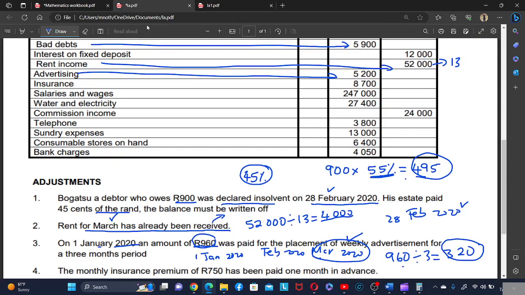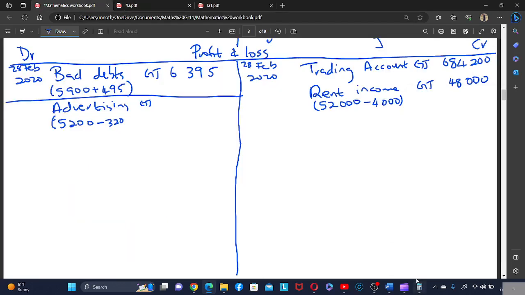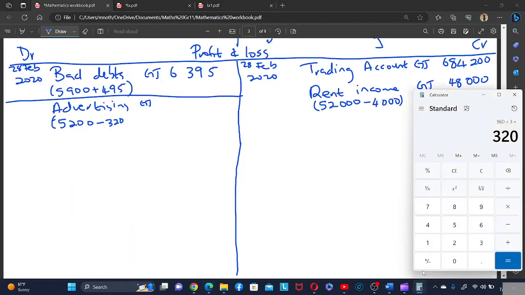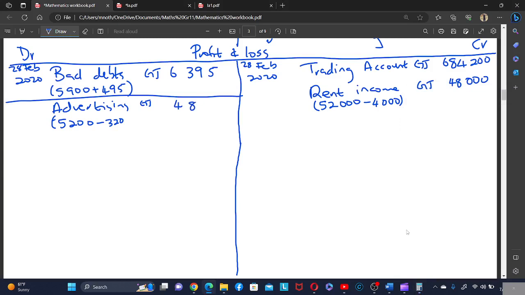Remember, this 320 is for January, and also 320 for February, and also 320 for March. So we are subtracting the 320 of March because it does not belong in our financial year. Okay, so 5,200 minus 320 is going to give us 4,880.